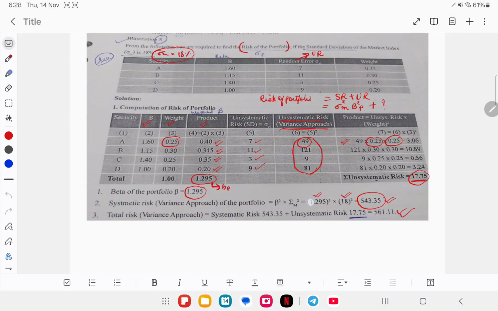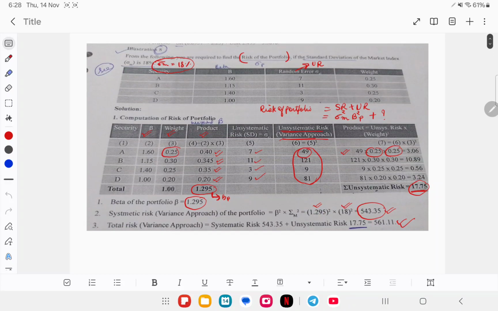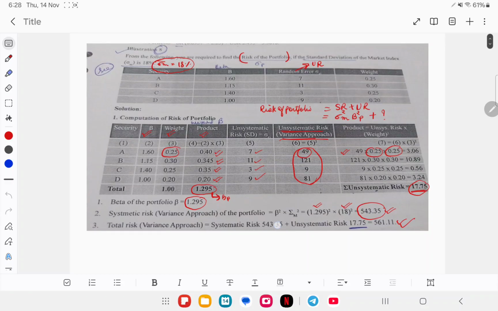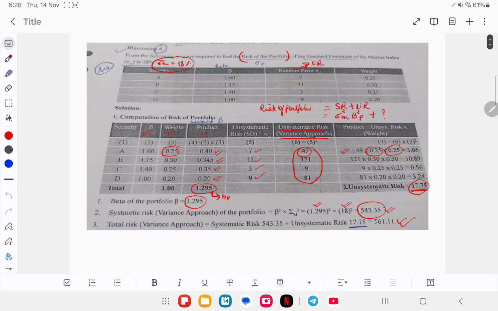We'll do the square of beta of portfolio into standard deviation of market, so this comes to 543.35. You'll do the addition of systematic risk and unsystematic risk to come to the conclusion of total risk.